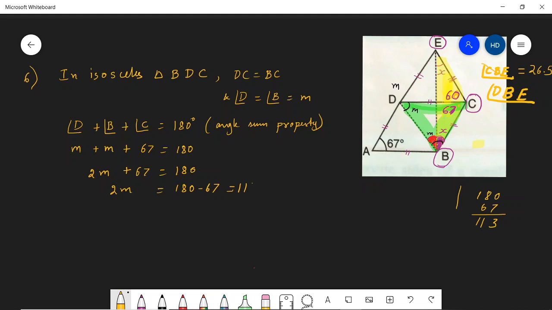That is 113, and M is equal to 113 by 2, which is 56.5 degrees.